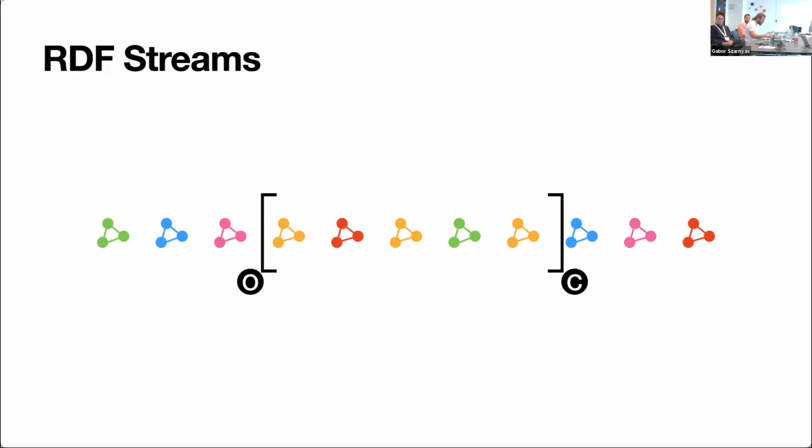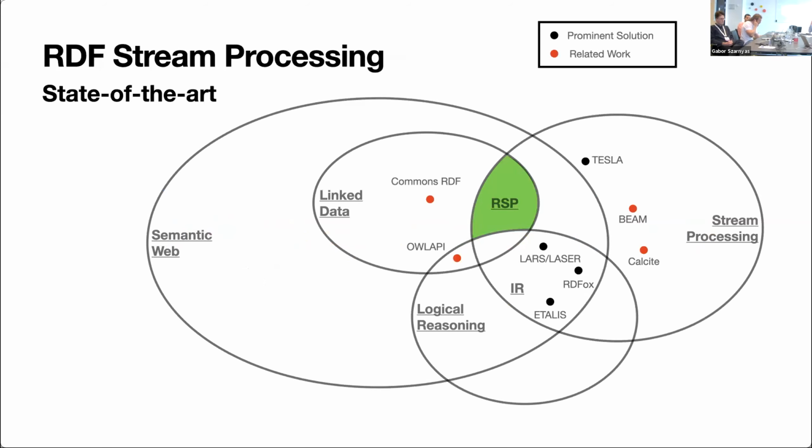Now, the state of the art of RDF stream processing is quite niche. It's an intersection of different communities. Most of it is semantic web, with sufficient participation from the stream processing community, being two of the depth challenges in RDF streams. There is some work on logical reasoning applied as well, and of course, streaming linked data publication.